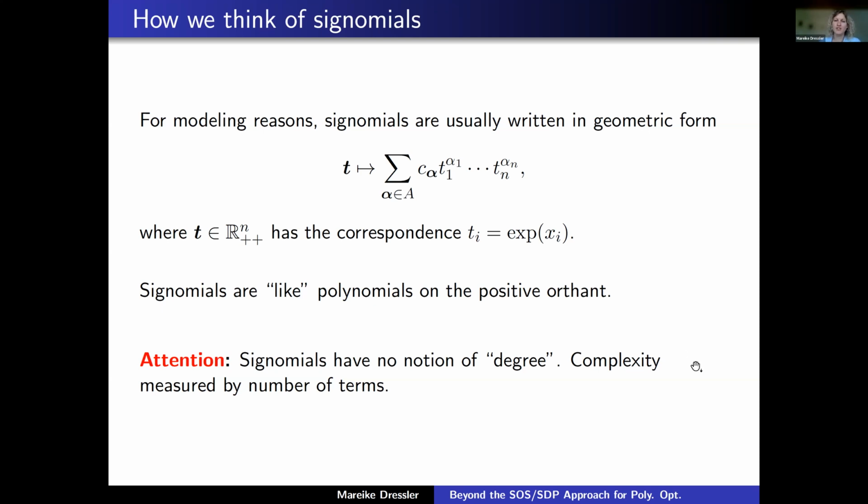Here is maybe just a very short side note. Usually the complexity of polynomials is measured in terms of the degree. But zygnomials don't have a notion of degree, so we measure the complexity by the number of appearing terms. This geometric form of a zygnomial is mostly to be understood as a thought process.